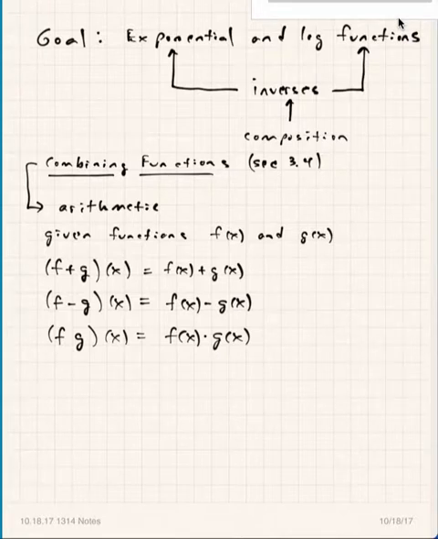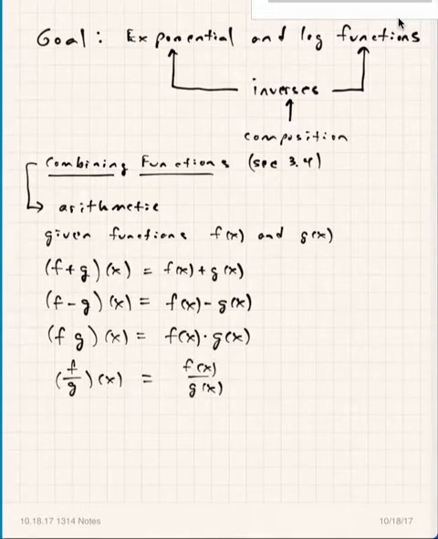And then finally, f over g of x is formed by taking the 2 functions and literally dividing them. And so that all makes sense. Given two basic functions, you can form a third function by simply adding them, subtracting them, multiplying them, or dividing them.